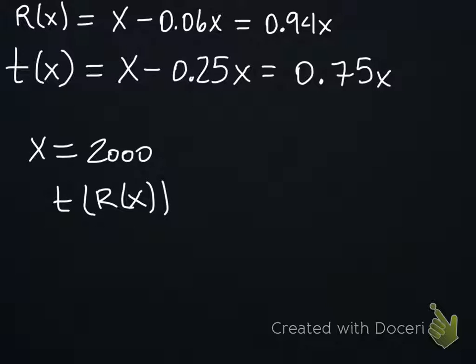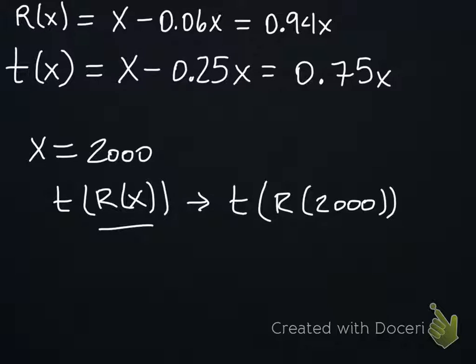So, okay, we're going to start with our inside. So you're going to do R of X, but our X is 2,000. So this is really T of R of 2,000. So R of 2,000 is going to be 0.94 times 2,000.